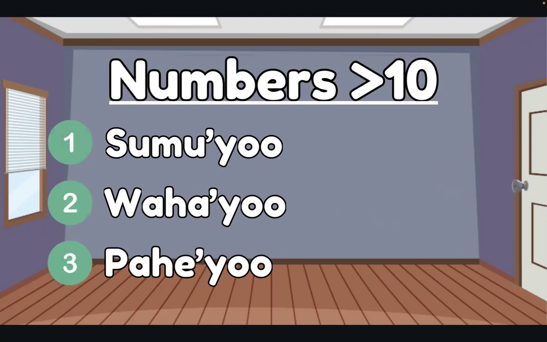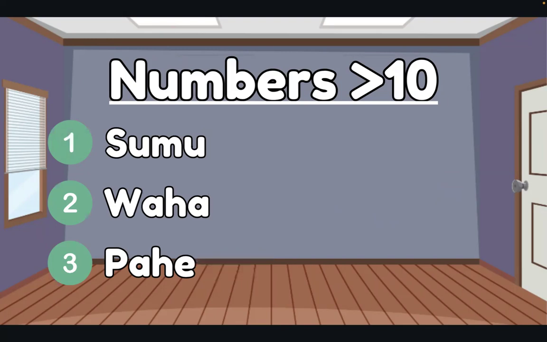To form the numbers by tens, 10, 20, 30, 40, 50, 60, you're going to drop that suffix Y-O-O. So you're left with just these group words for 1, 2, and 3: Suma, Waha, and Fahi.